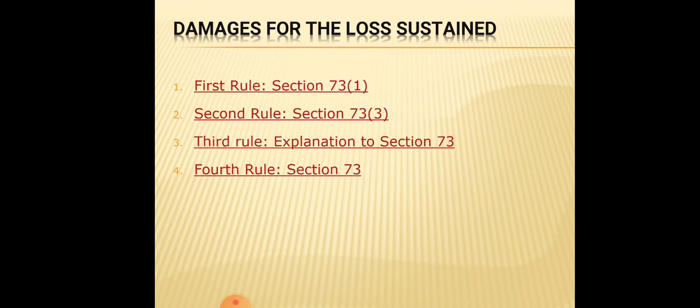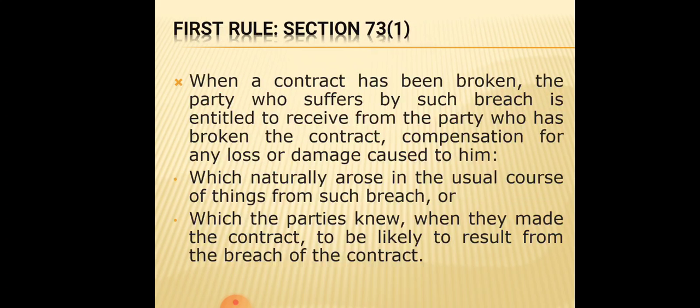So there are rules 1, 2, 3 and 4 under section 73 of the Indian Contract Act. The first rule under section 73 clause 1: when a contract has been broken, the party who suffers by such breach is entitled to receive from the party who has broken the contract compensation for any loss or damage caused to him.